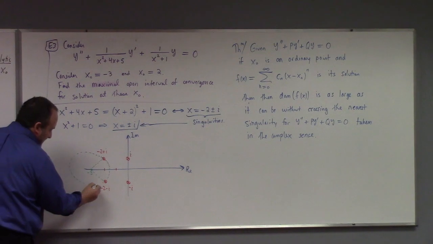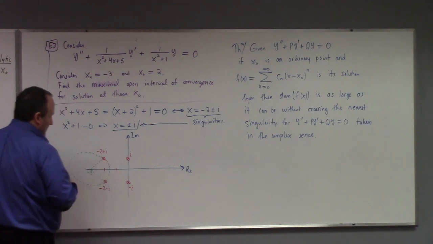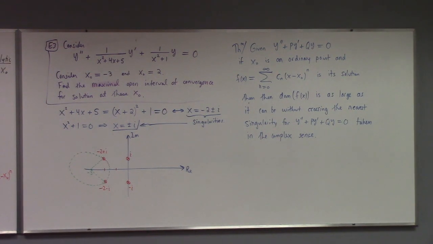We talked about the radius of convergence in calculus too. This is the radius of convergence we're talking about. There's a theorem of complex analysis that says that if you look at a function that has a power series formula, the domain has to be a disk. That disk will always be as large as it can be without going past the next singularity for the function.